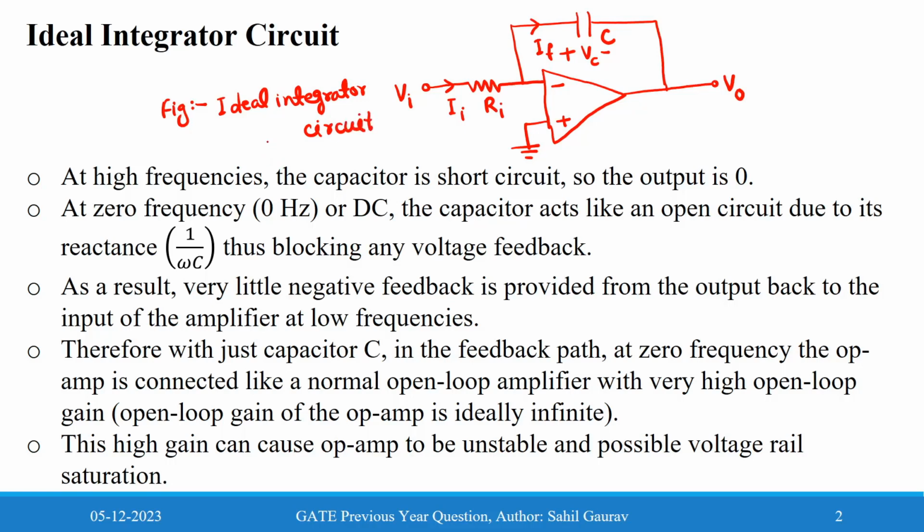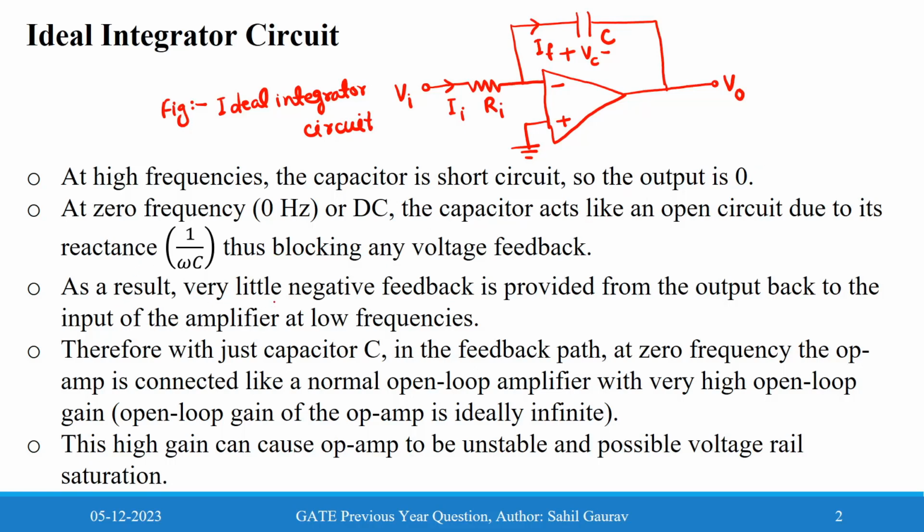So if you see this figure, you can say that at higher frequencies, the capacitor will behave like a short circuit, so the output will be zero. And at zero frequency or for a DC signal, the capacitor acts like an open circuit due to its reactance 1 divided by omega C, thus blocking any voltage feedback.